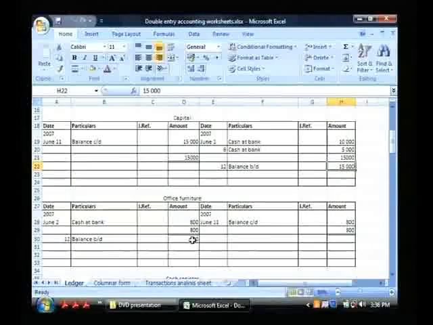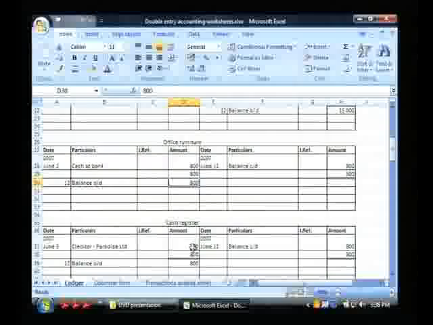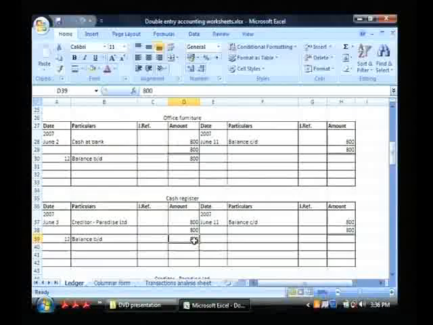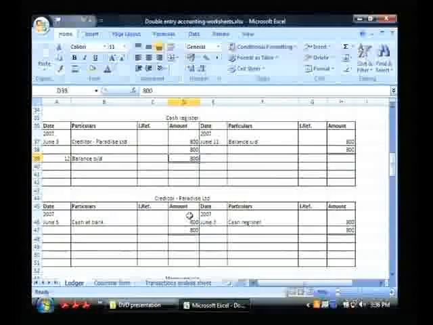Now look at furniture account. Brought down balance is recorded in the debit side, therefore it is a debit balance. Cash register, brought down balance is recorded in the debit side, therefore it is a debit balance.